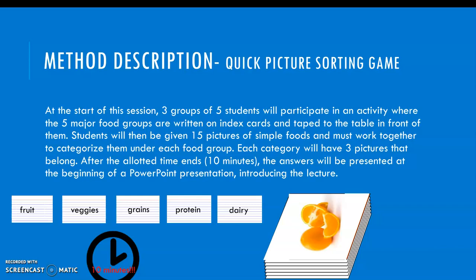Each category of a food group will have 3 pictures under it. I will give them 10 minutes to complete this task, and after 10 minutes, I will present the answers on the board and move into my lecture.